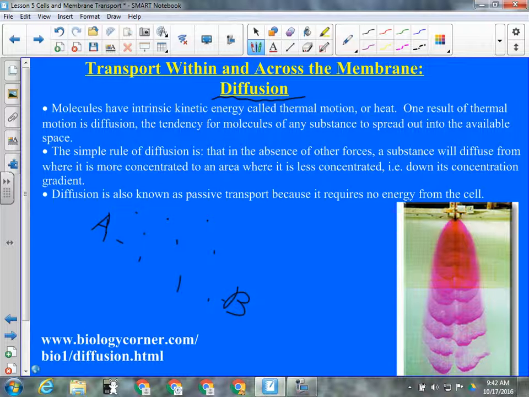We're going to use that process, and cells typically use it almost entirely for moving stuff within the cell. Now, that also has an implication for cell size, which we'll talk about later. Cells can only become so big before diffusion becomes ineffective, because diffusion is slow and it doesn't guarantee it's going to get stuff where it's supposed to go.